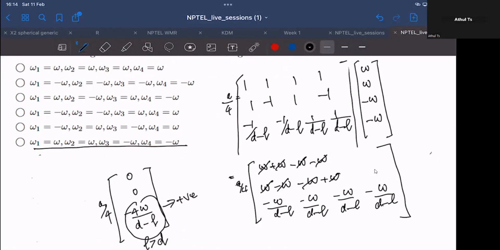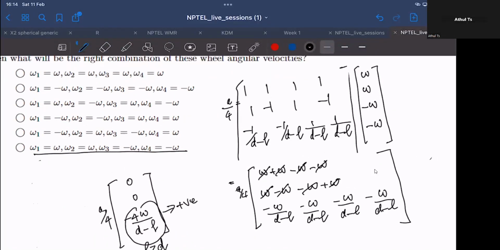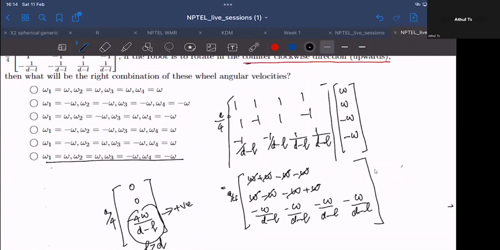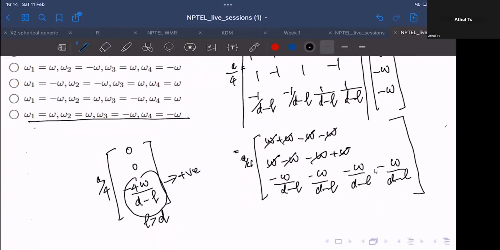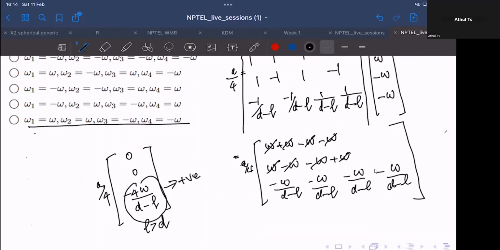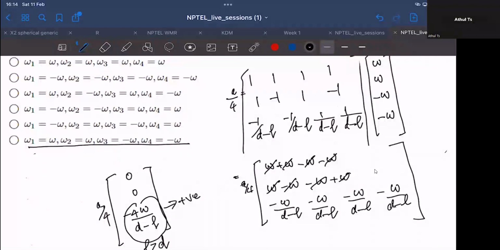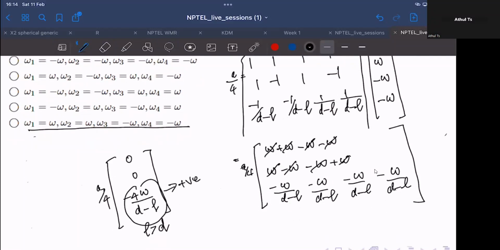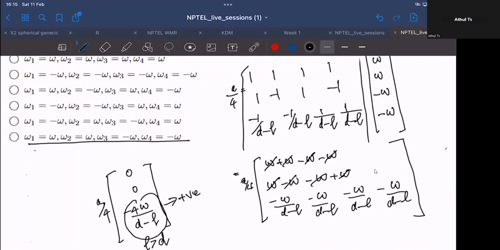Don't be fooled by the negative sign there. If we consider that L is greater than D, even with the minus sign, the entire quantity would still be positive. Because D minus L is a negative term, we also have a negative at the top. So both of these negatives will get cancelled out, and we'll end up with a positive value for the third row. So that is our requirement.